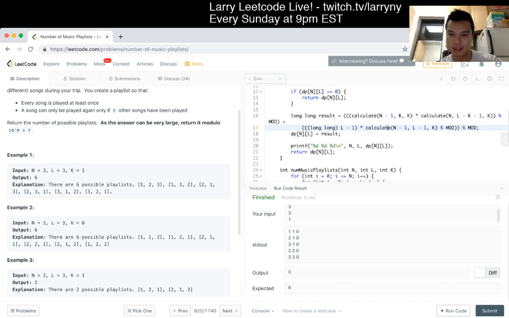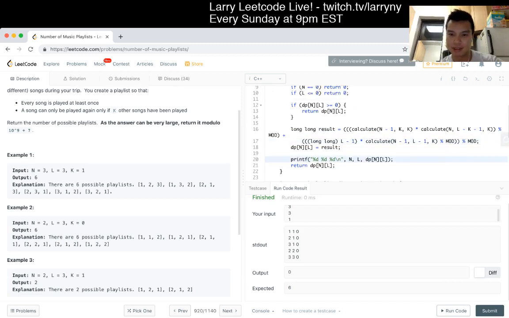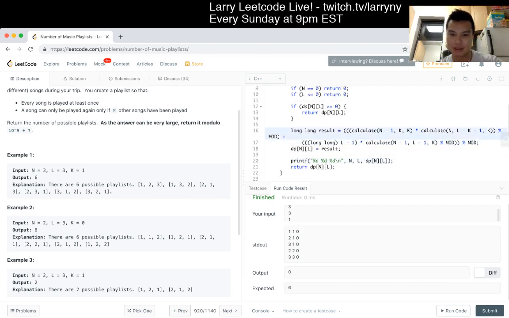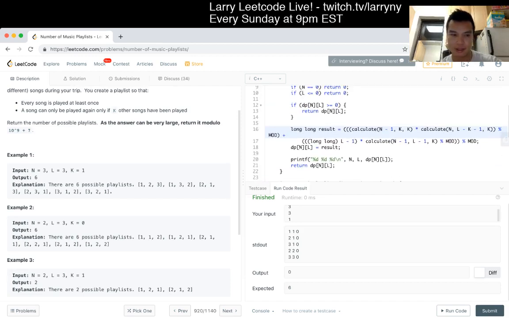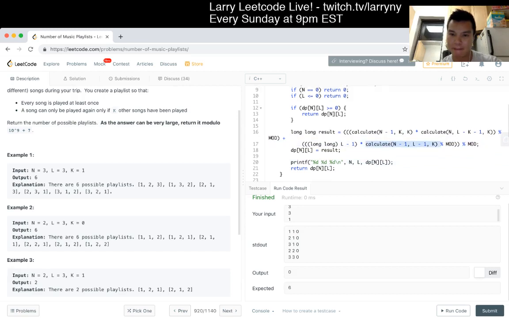Okay. It's K. K is 1. Why is 1, 1, 0? So this returns 1.